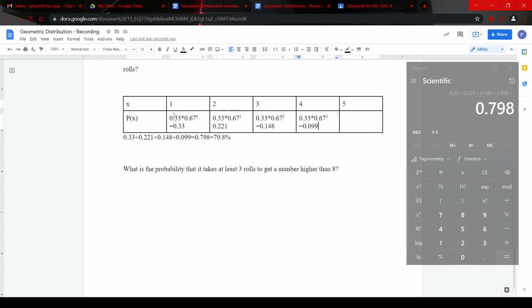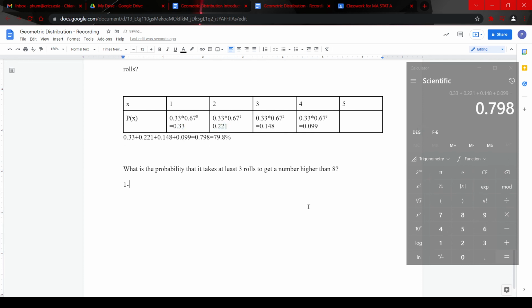So in this case, we can actually do some subtraction, right? If it will take at least 3 rolls, then that means that it is not in the first 2 rolls, right? So we can do 1 minus this and then minus this.